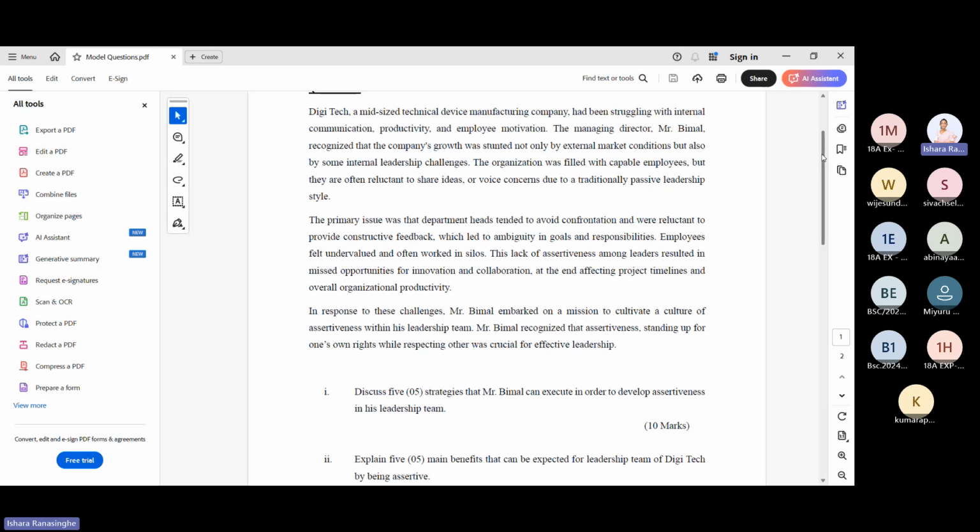If you all have identified the correct 5 strategies, and if you have briefly explained them, you will receive probably 5 marks, right? Then, if you have linked those points with the case study, then only you will receive the other 5.